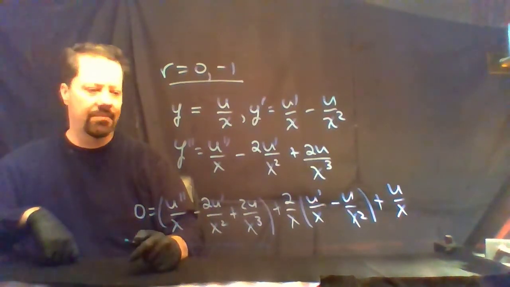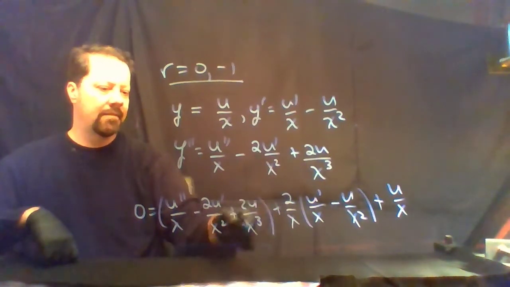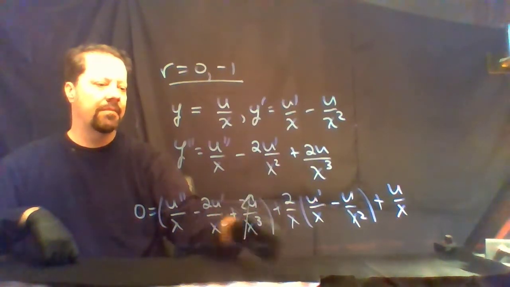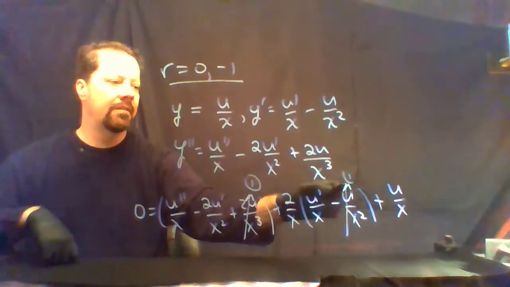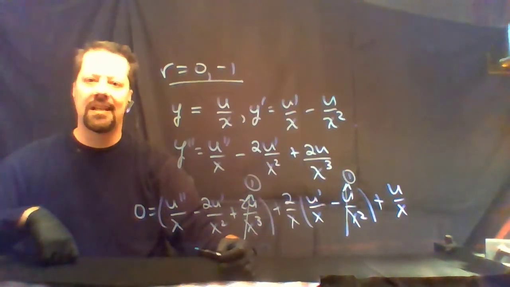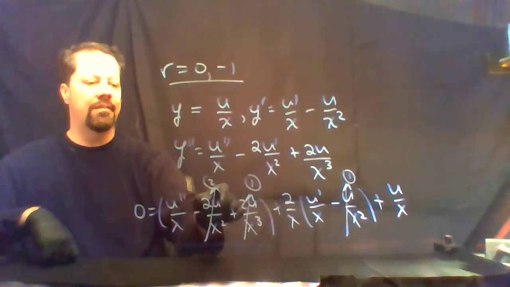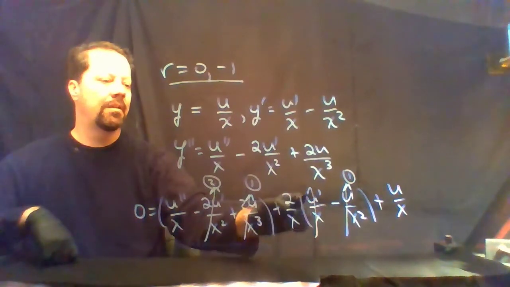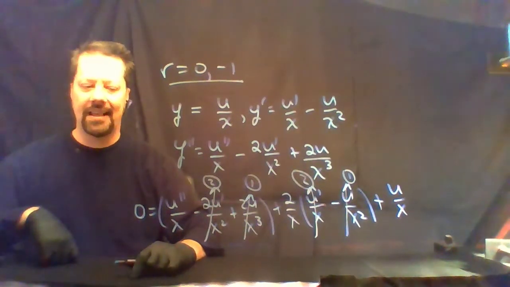Combining like terms, you can see that this term and this term exactly cancel out. In addition, this term and this term exactly cancel out.